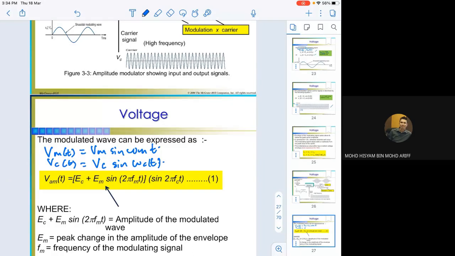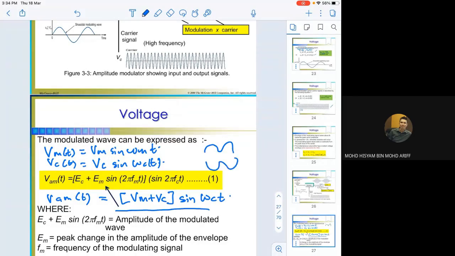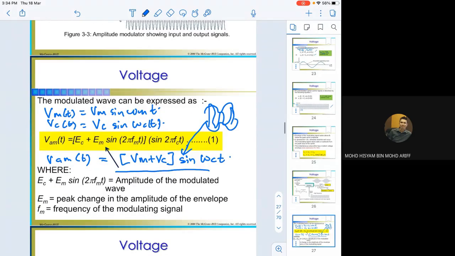The representation of the AM is something like this: VAMT equals VM plus VC sine omega CT. Actually, this is the formula, the mathematical equation for the signal. VM.